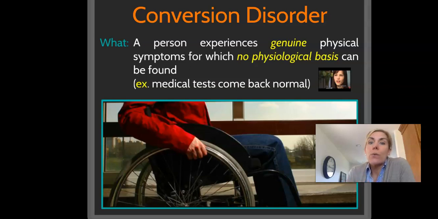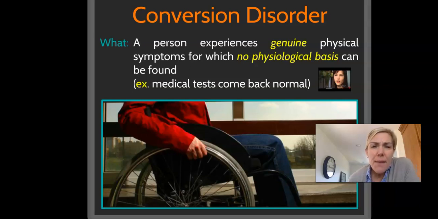There's no physical reason why you have no movement in your arm, or you're paralyzed, and again, this is not very common, is what I wanted to say. Conversion disorder is a psychological disorder in which symptoms take a somatic form without any physical cause, okay?